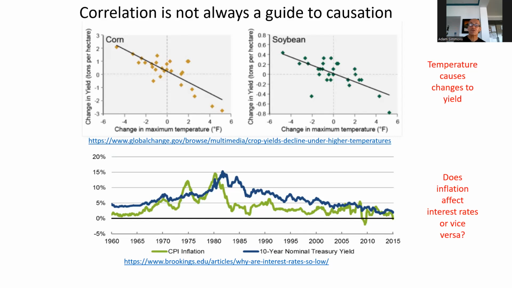That's why central banks do put up interest rates. So they're going to have a negative correlation, and the interest rate is causing the inflation rate to decline. So it is quite complex. Does inflation affect interest rates or vice versa? That is something which we will have to deal with in the future, but let's just leave it for now.